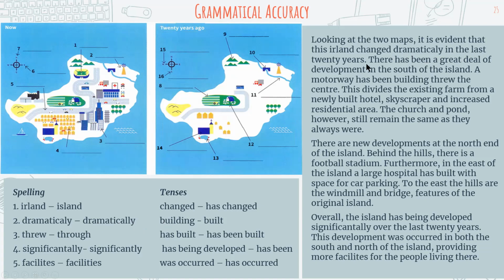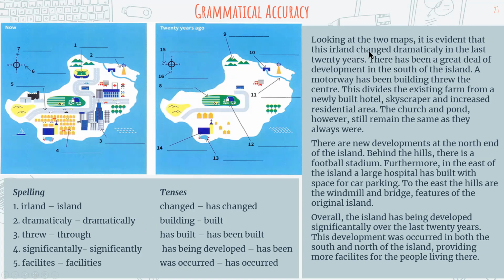In the last 20 years, there has been a great deal of development in the south of the island. A motorway has been building. Of course, this is a grammatical mistake. And we have here another grammatical mistake. We should say this island has changed, not changed.